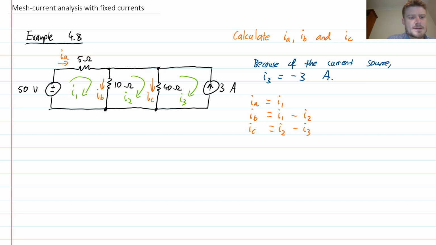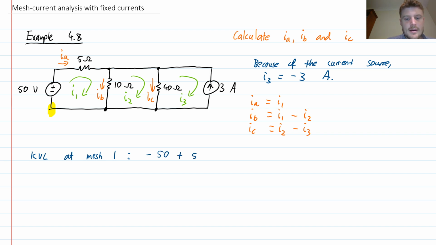Our next step is to apply Kirchhoff's voltage law at each of the meshes. Let's do it at mesh number 1. For KVL at mesh 1, we choose a starting point. Let's go here and proceed in a clockwise direction around this loop. We get minus 50 from the source.